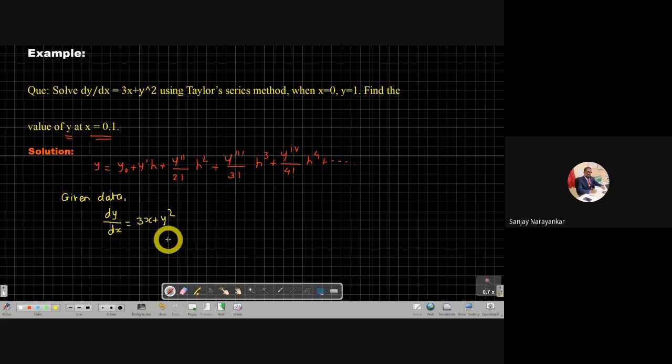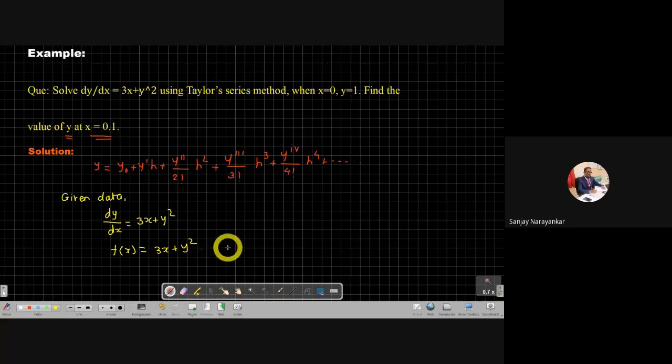That means f of x is given. So f of x is given as 3x plus y square. So this is your function, right?